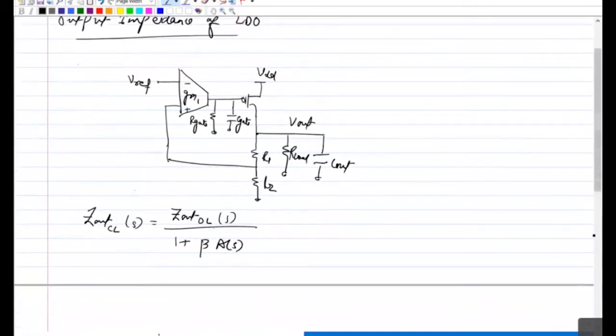And if you want to calculate the DC, then it will be nothing but 1 plus beta A naught, and Z out open loop will become simply your R out. So R out divided by loop gain, we know that will be your DC impedance.